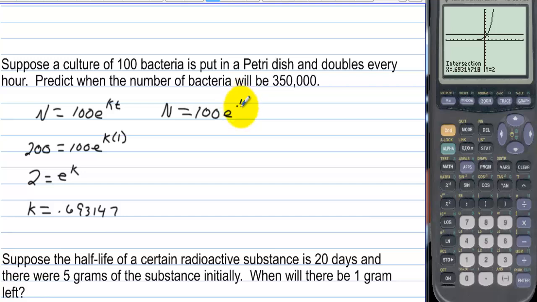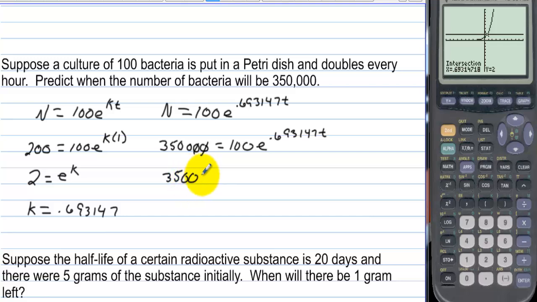The function is now n equals 100 e to the 0.693147 t. And now we're supposed to predict when the number of bacteria will be 350,000. Now we can plug 350,000 in for n, set that equal to 100 e to the 0.693147 t. And we can divide by 100. That knocks off 2 of these zeros.